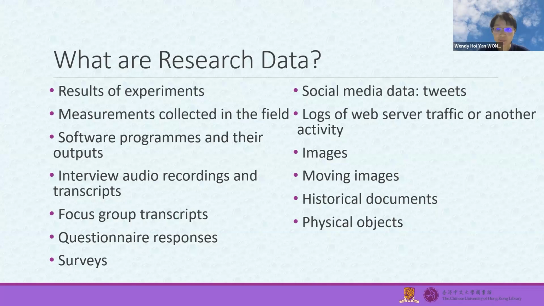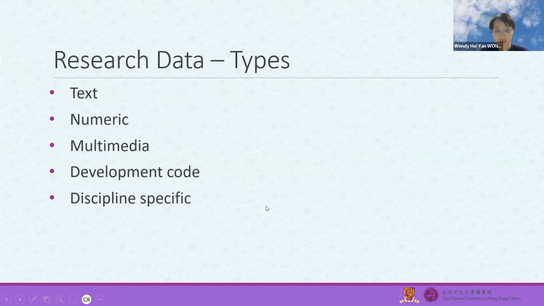Also, images, moving images, that is video or audio, and historical documents, some archival materials, or some books also. And physical objects: if you are doing fine arts or architecture, you may also have some physical objects. Those could be your data too. So with all this data, how can we work with it? We will explore this topic today.